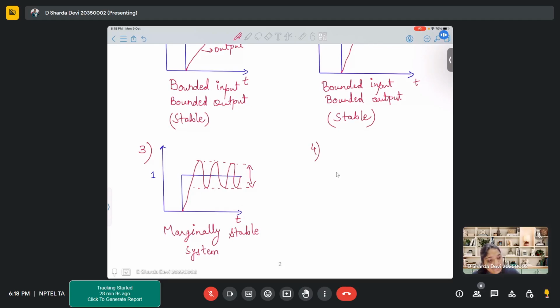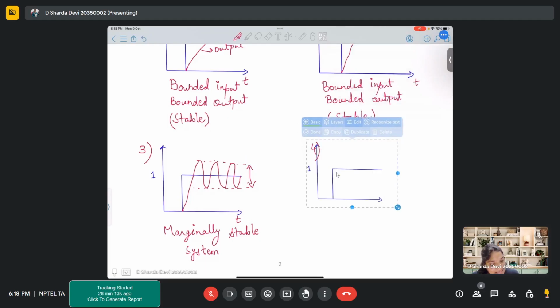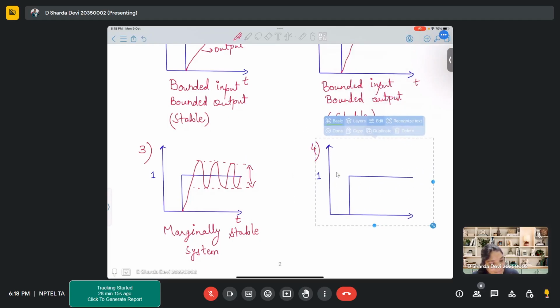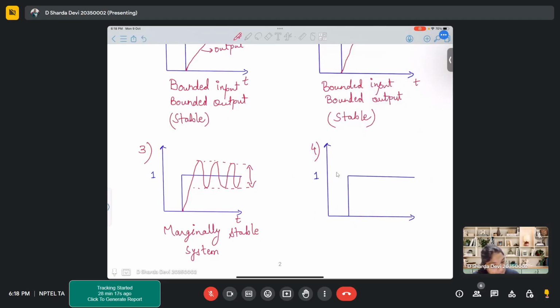And the final, fourth type of output that you can obtain is like, similarly it will rise in the beginning. Then again it is oscillating, but slowly the amplitude of oscillation starts to increase.